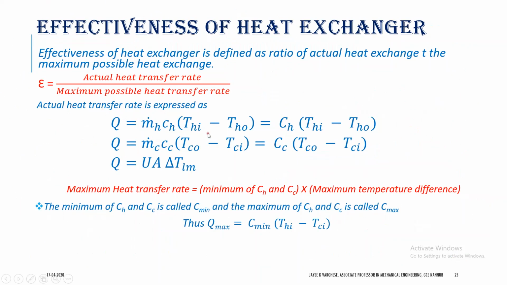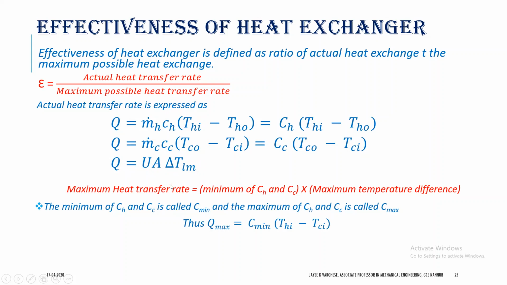From these relations, we can calculate any missing temperature, provided mass flow rate and specific heats are known. The heat transfer or any missing parameter can be calculated only if we know delta T, that is LMTD.